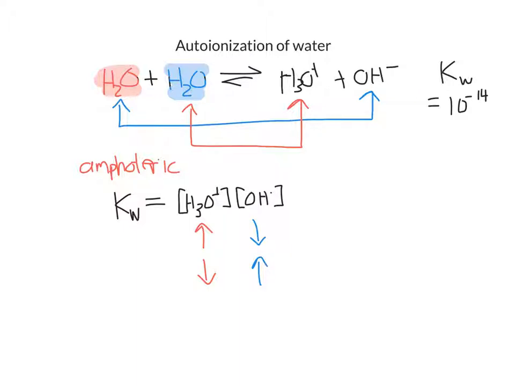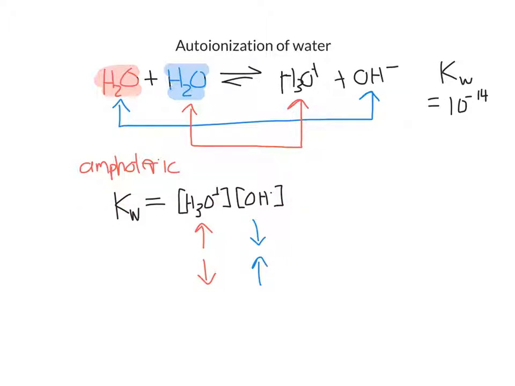If I use my p scale, my minus log scale, to represent the H3O plus and the OH minus concentration, I can use this equation by taking the negative log of both sides of this equation.